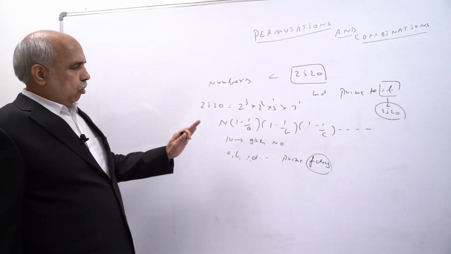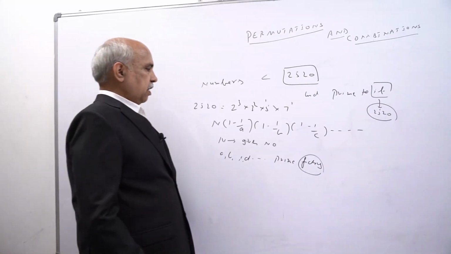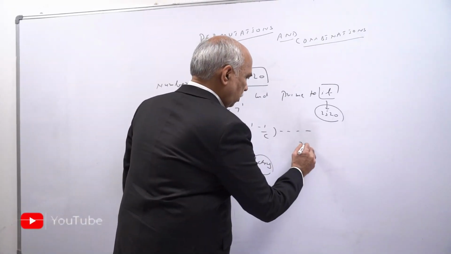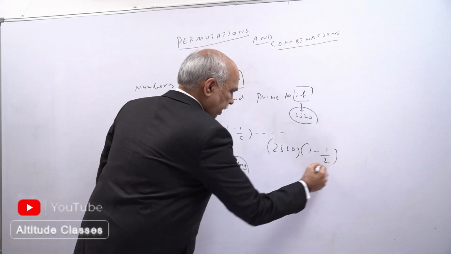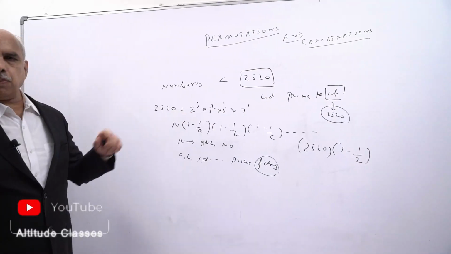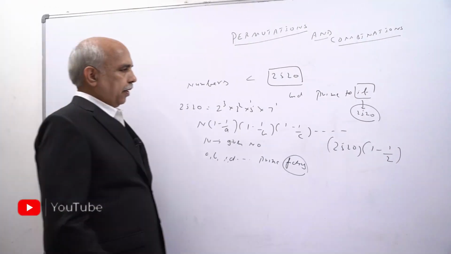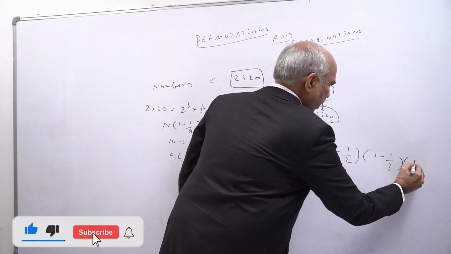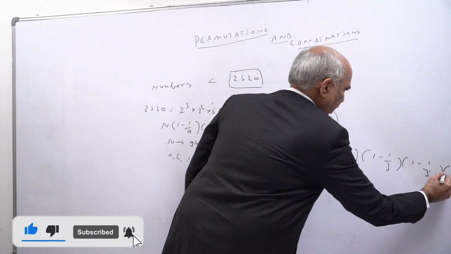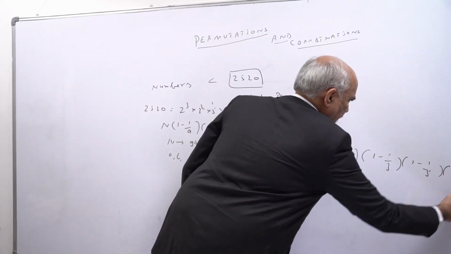What do we have to do? Now, n is the given number, which is nothing but 2520, into 1 minus 1 by a. A is the first prime factor, which is 2, into 1 minus 1 by 3 into 1 minus 1 by 5 into 1 minus 1 by 7.